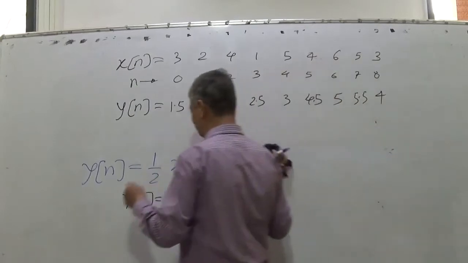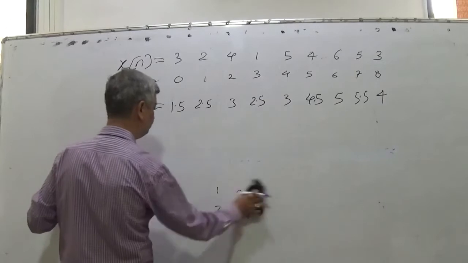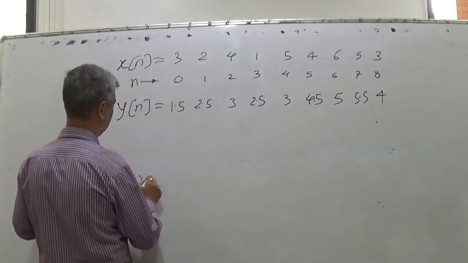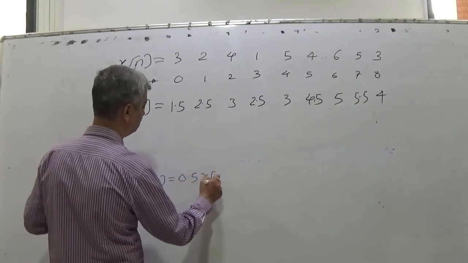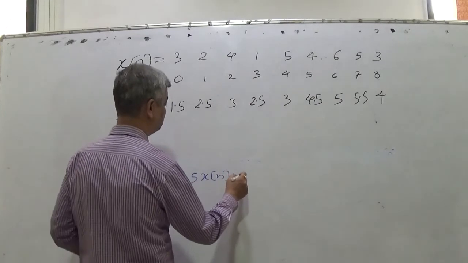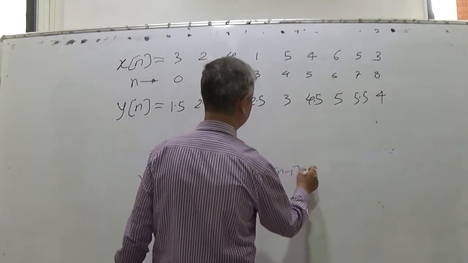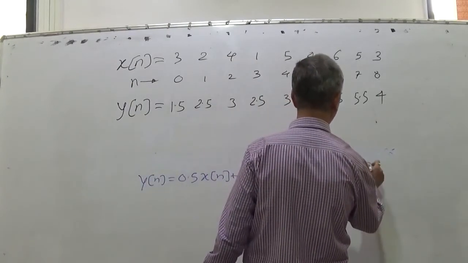Right, I rub this out now. Y is equal to 0.5 xn plus 0.3 x of n minus 1 plus 0.2 x of n minus 2.